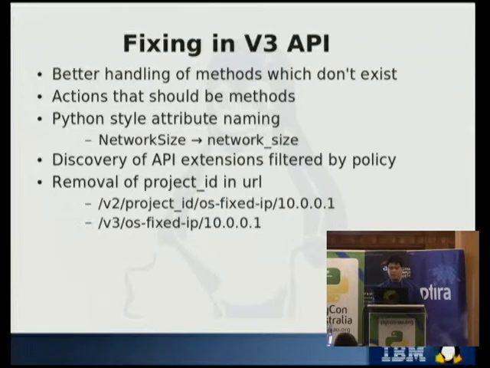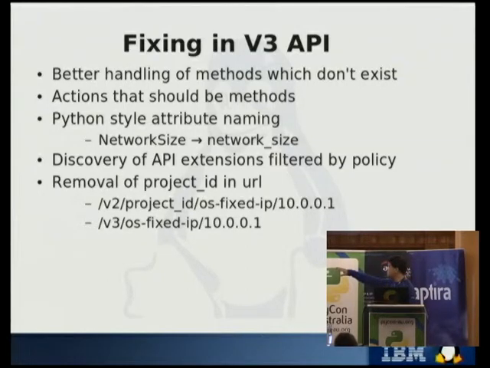Other things we're looking at is better handling of methods which don't exist, returning 405s explicitly, and I think there are allowed headers which describe what methods you can use. There were a few cases where actions were used instead of methods, just because I think people were a bit inexperienced with REST APIs.